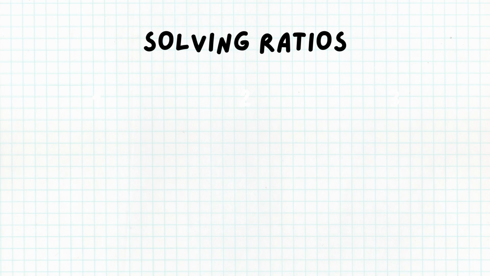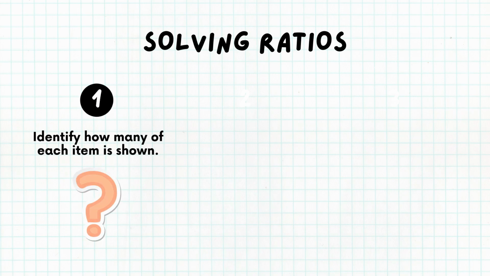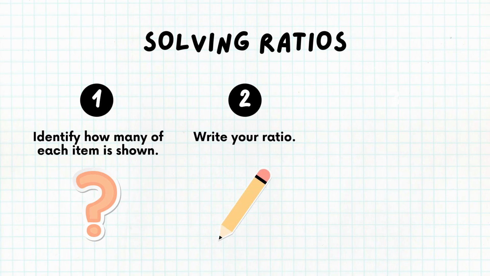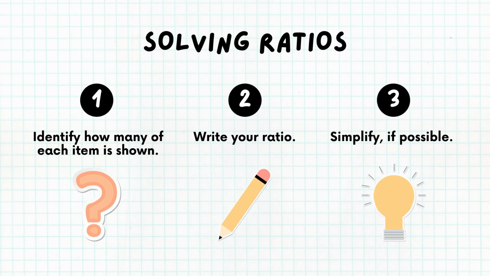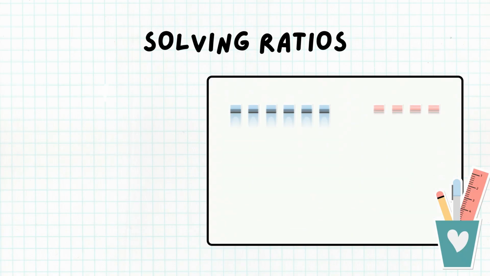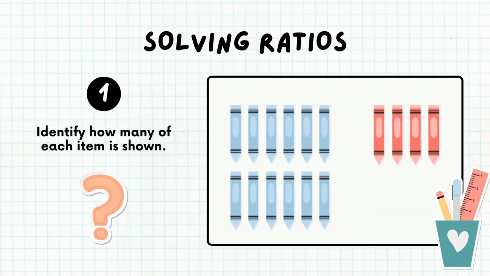Steps in solving ratios. The first one is identify how many of each item is shown. Second, write your ratio. Third, simplify if possible. For example, identify how many of each item is shown.